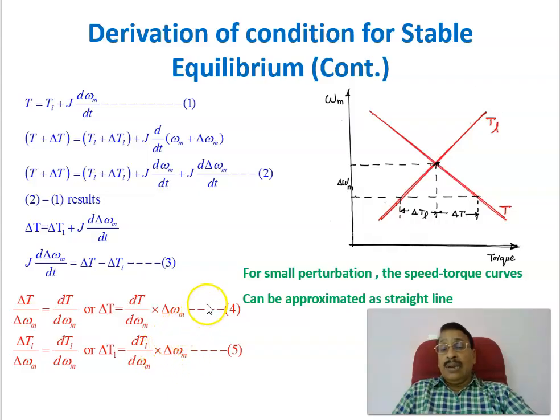Therefore, this is the equation for delta T, and this is the equation for delta TL. Substitute this delta T and delta TL in equation 3, then we get J d delta omega m by dt.